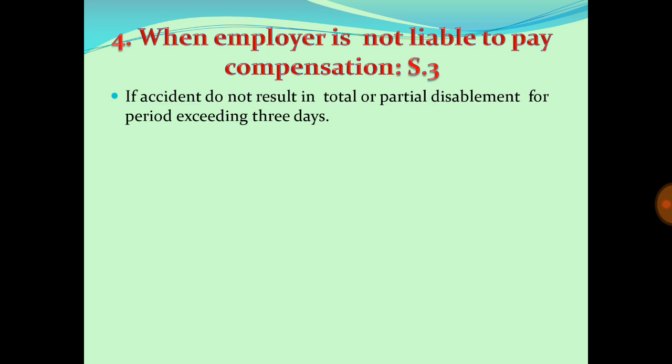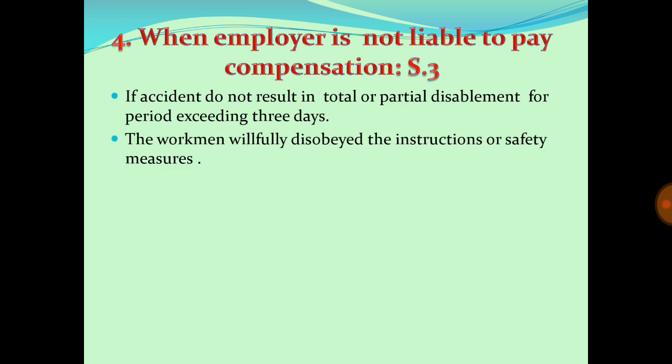The first condition is that the accident does not result into total or partial disablement for a period exceeding 3 days. It means where such an accident results into disablement for a period of less than 3 days, the employee is entitled to get the full wages for that period, and after that he can join the work.